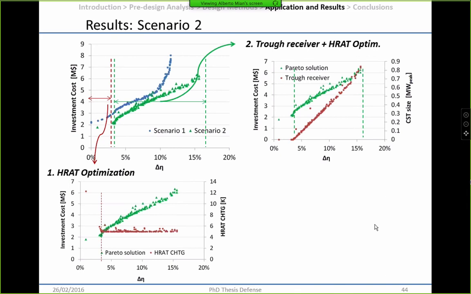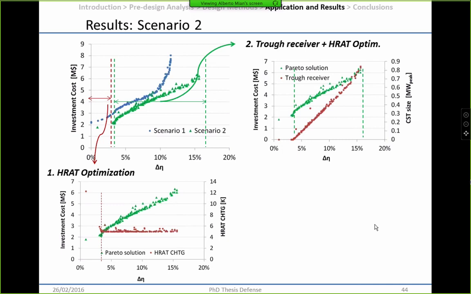After this first action to improve the efficiency of the gasification plant, we can include the solar utility, and in particular the trough receiver, in order to increase the efficiency. This time we do not stop at a 12% increase, but we can go up to 16%.